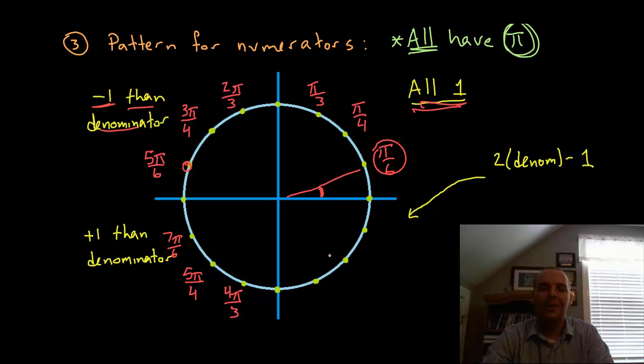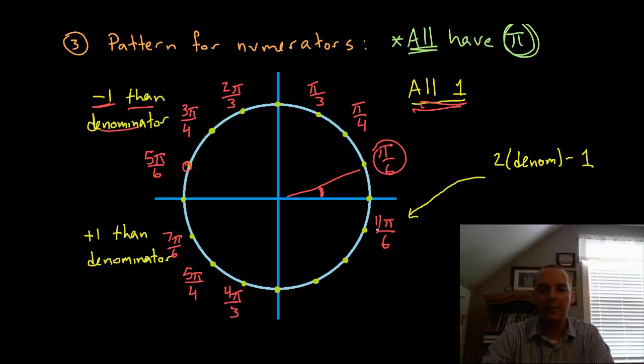Okay. Now the last quadrant, the fourth quadrant, is the strange one out of the bunch. There's different ways to memorize this. The one I've kind of settled on is it's twice the denominator minus 1. Somebody might give you another way of memorizing that, and there's a dozen different ways of remembering this fourth quadrant. But this denominator of 6, I would put 11 pi over 6.